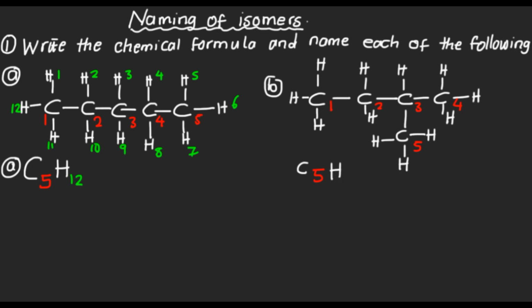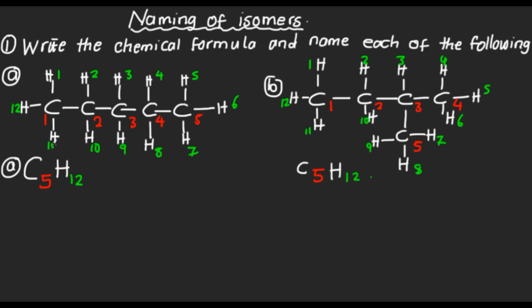So I'm going to count the number of hydrogens. So we have 1, 2, 3, 4, 5, 6, 7, 8, 9, 10, 11, 12. So that one also has 12 atoms of hydrogen. So these two are isomers because they have the same molecular formula but different structural formula.